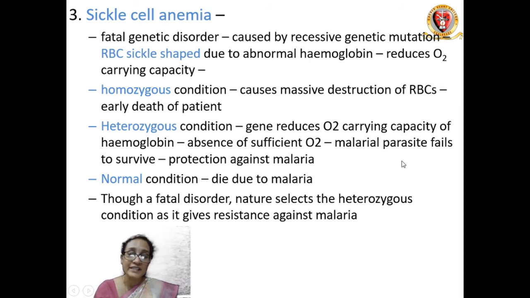So in places where malaria is prevalent, we see that though sickle cell anemia is a fatal genetic disorder, and in the homozygous condition can cause the death of the patient, in the heterozygous condition, the gene reduces the oxygen carrying capacity, but because of its sickle shape and absence of sufficient oxygen, the malarial parasite cannot survive inside the sickle cells.